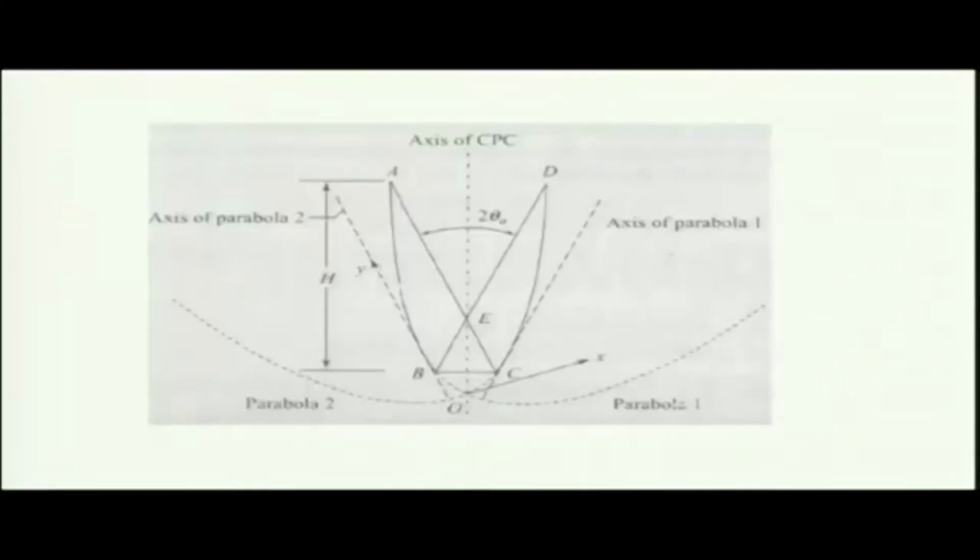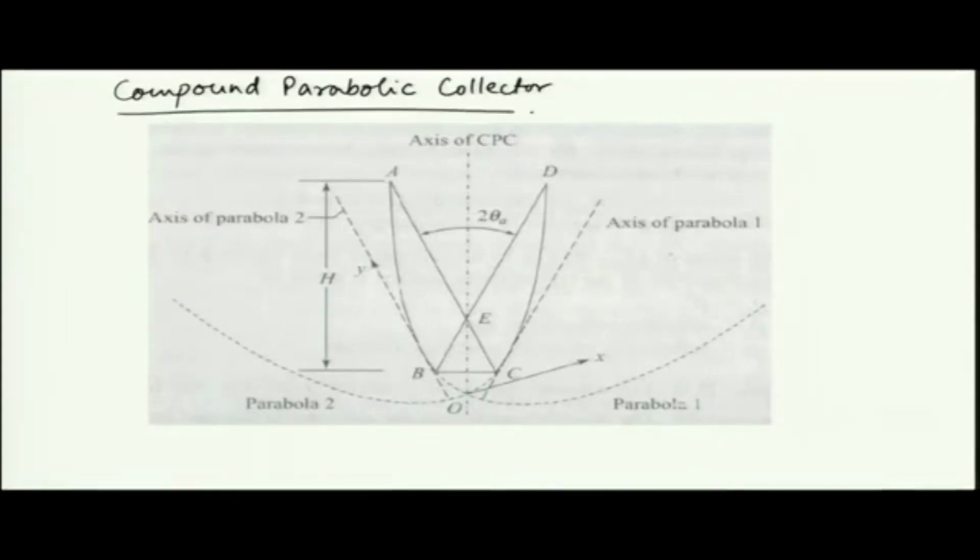And we have analyzed it fully in terms of the optical analysis as well as the thermal analysis. Now, next thing we are going to look at is what is called the compound parabolic collector. Or more commonly it is abbreviated with CPC, compound parabolic collector.